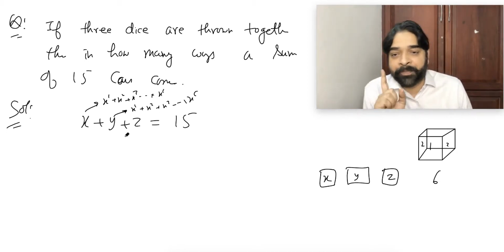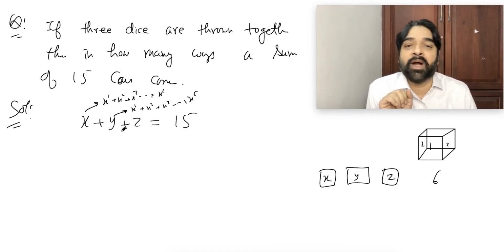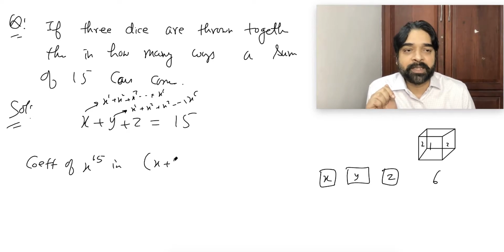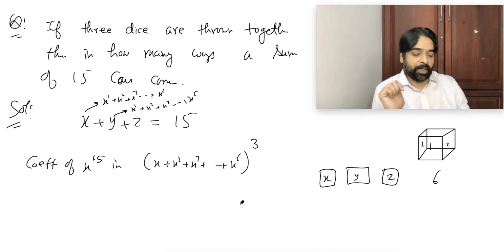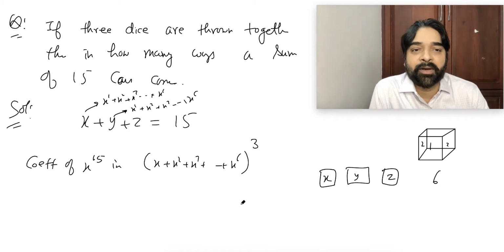And I want how many x? I want 15x. So I will simply say coefficient of x power 15 in x plus x square plus x cube plus so on up to x power 6, whole power 3. Have you understood the point or not?